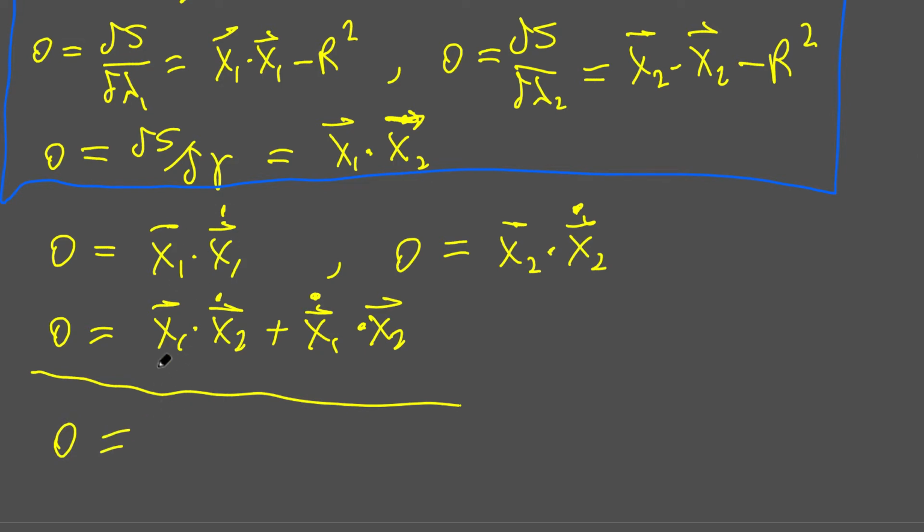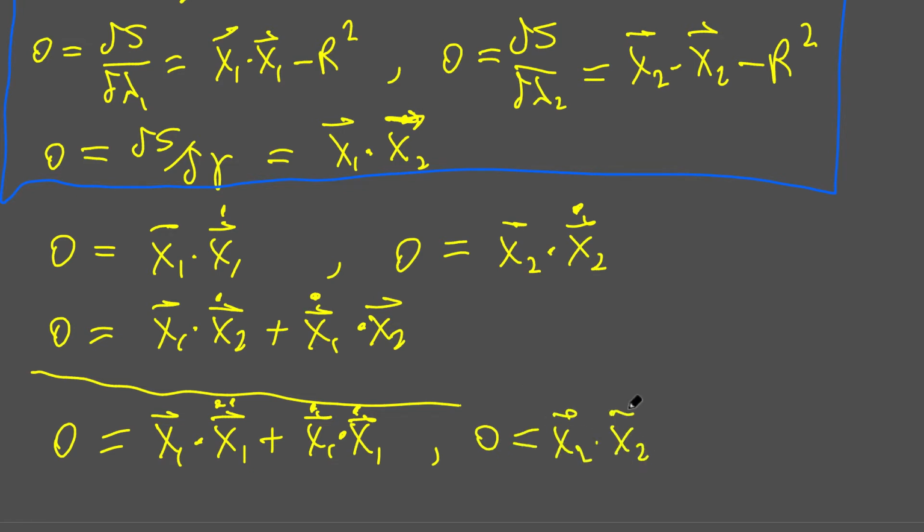So for this equation we'll have x1 vector dot x1 vector double dot plus x1 vector dot squared, or x1 vector dot with itself. For this equation we'll have x2 dot x2 double dot plus x2 vector dot squared.